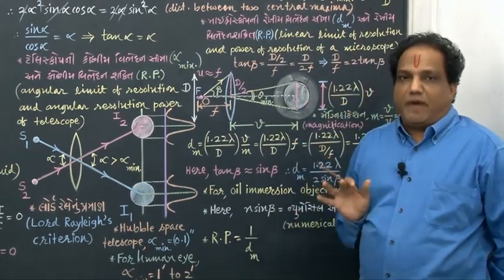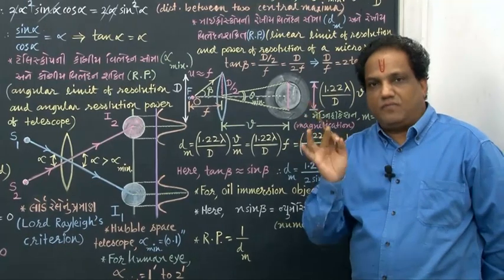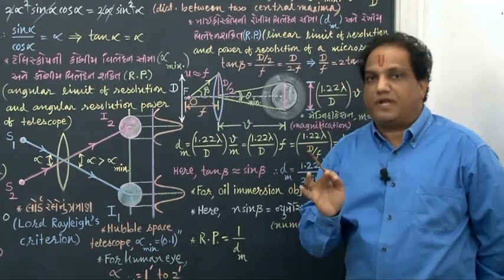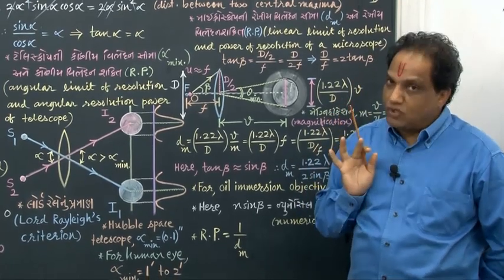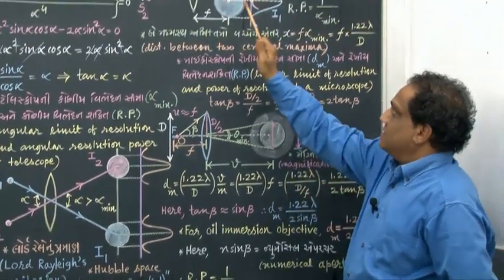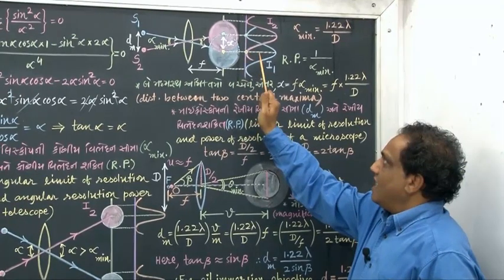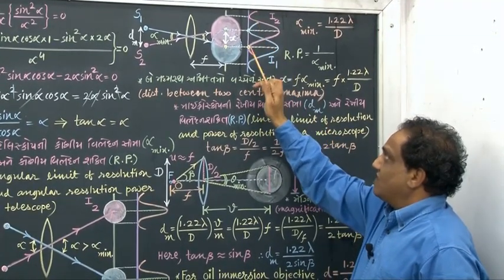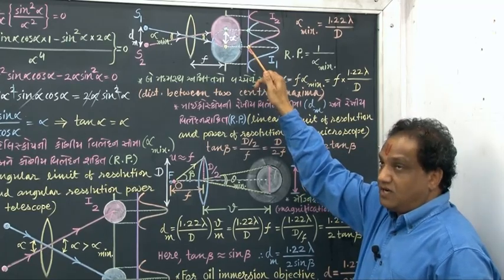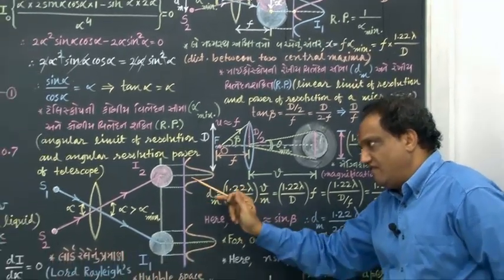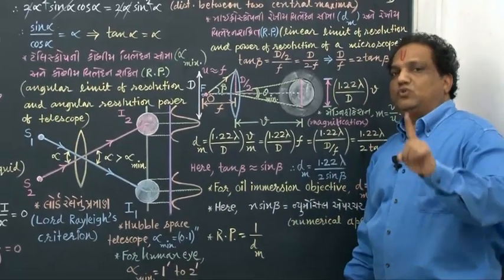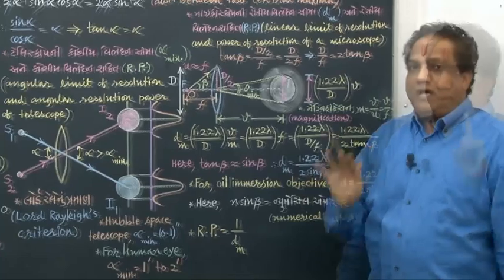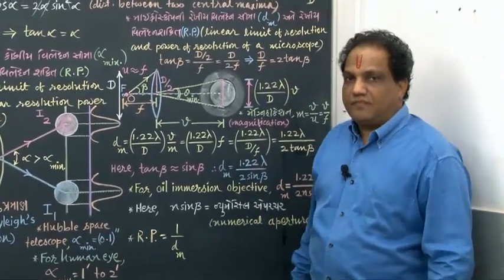In the diffraction patterns obtained of two point-like closely lying objects by a given optical instrument, if the central maximum of either diffraction pattern either superposes on the first order minimum of the second diffraction pattern, or it is obtained away from it, then those two images are said to be separated. I repeat for the last time.